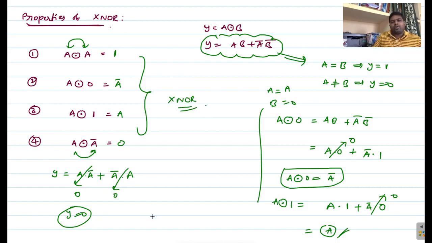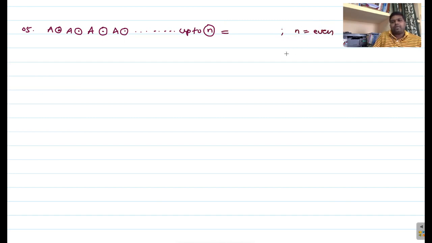And one more important property, that is the fifth one. Here I am taking A XNOR A XNOR up to n times, which equals something when n is even, and the second condition is when n is odd, then what is the expression value?